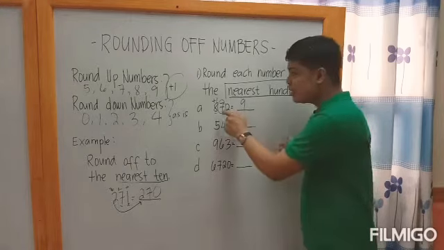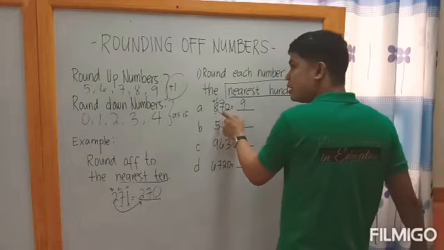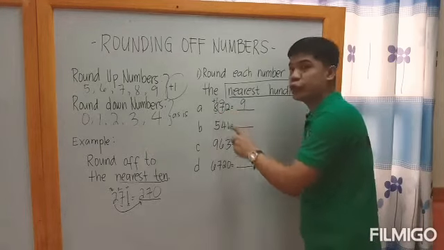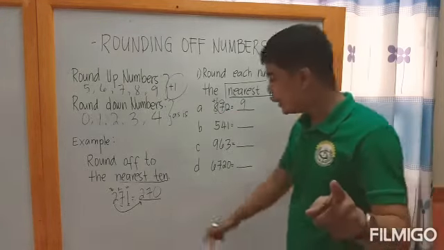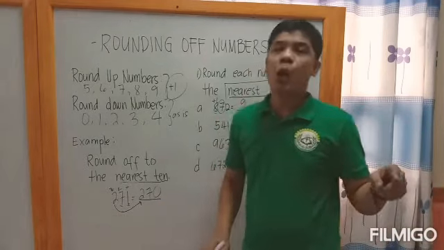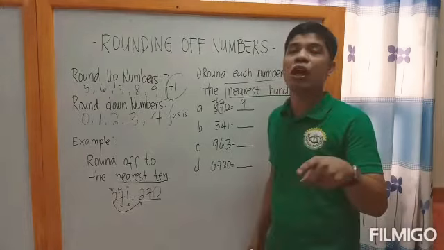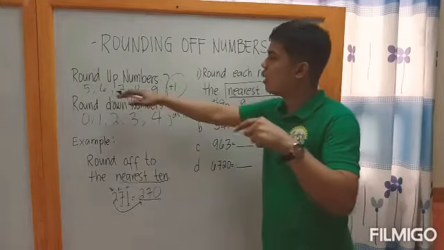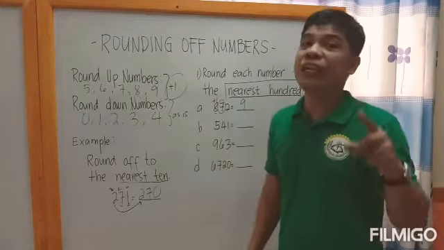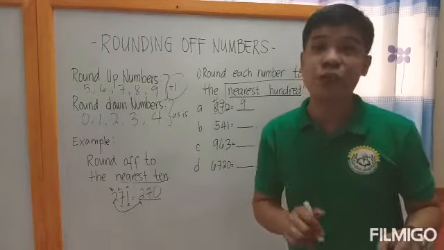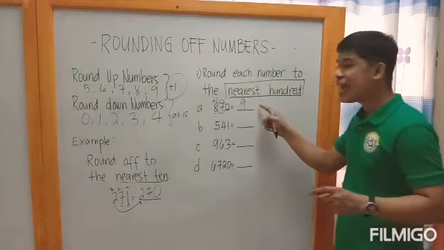So we have now here 9, and here the 2 digits. Do you see this? 2 digits, the right side of the 8. So we have 2 digits there, the 7 and the 2. As I mentioned earlier in this example, all the digits that are going to the right side of the target number, either they are round up or round down, we will turn them into zeros. So how many zeros we'll add here?